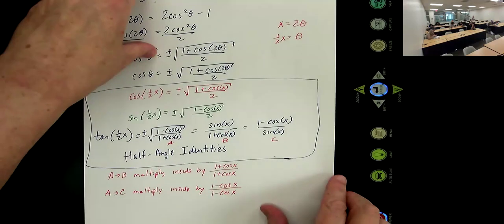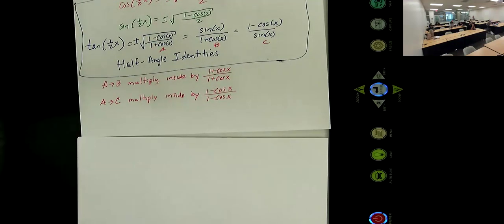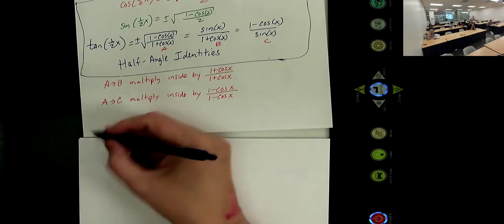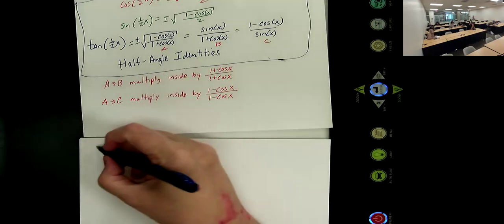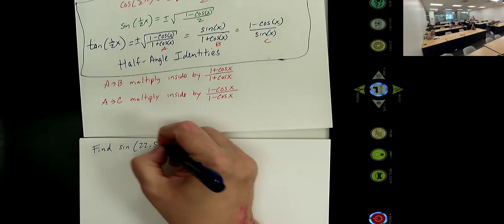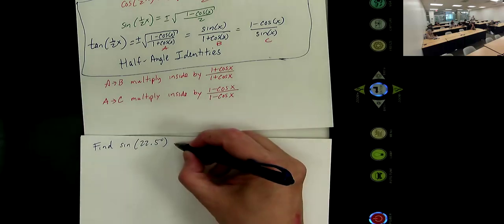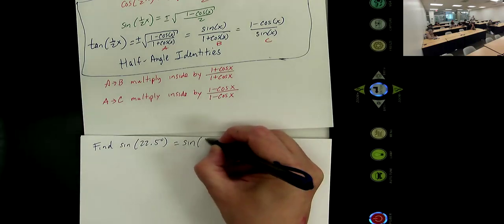So let's look at a quick example before I tell you to get out. How about that? Find sine of 22.5 degrees. Well, 22.5 is 1/2 of 45.